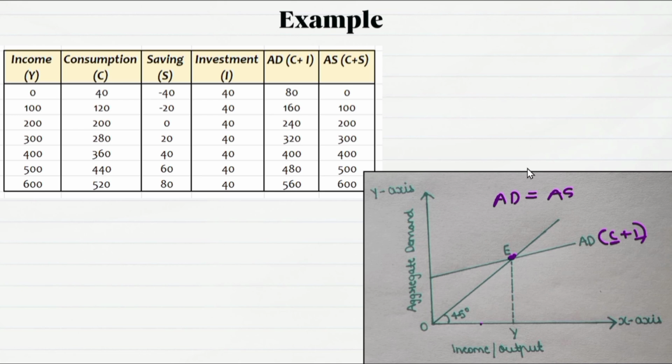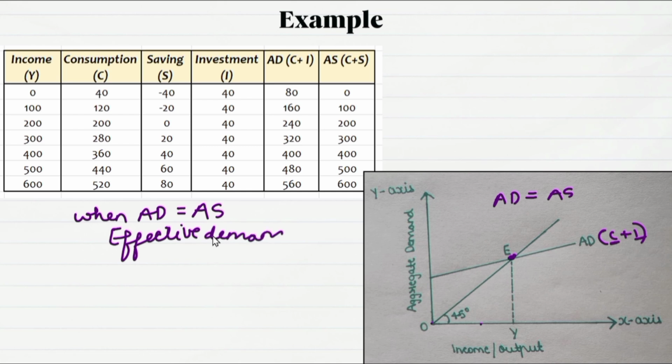That is the reason why OY is the equilibrium level of output, or you can say income, corresponding to the point E. When AD is equal to AS in Keynesian analysis, it is the situation of effective demand.